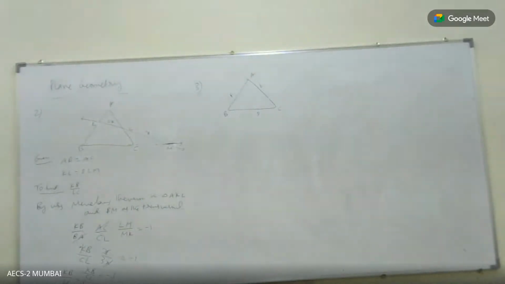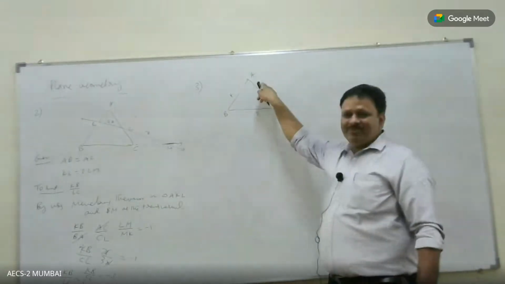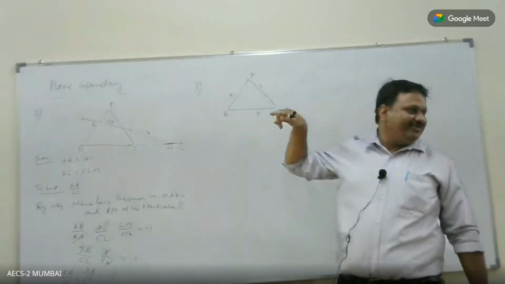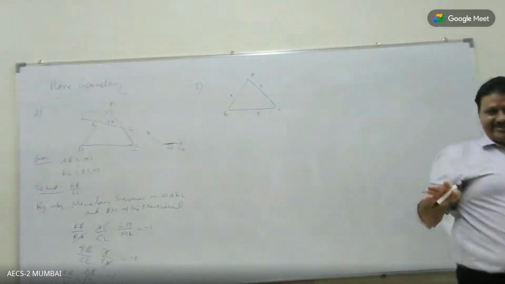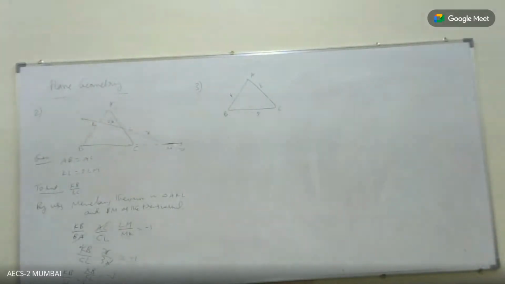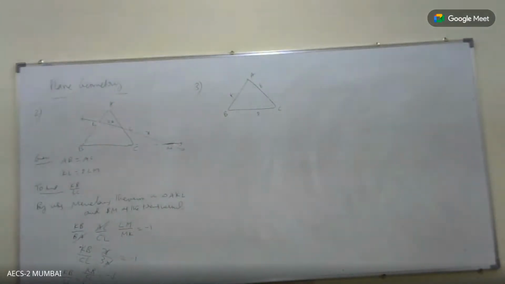Now, some children, the moment they got 3 points, they joined them. They got the temptation to join, because that's what we did in school. But again, the triangle formed by the lines AD, BE, CF.